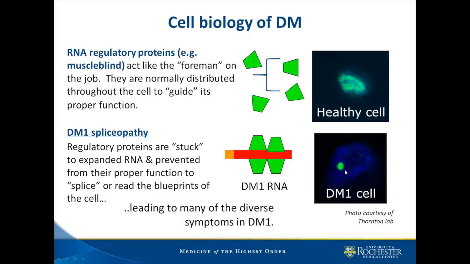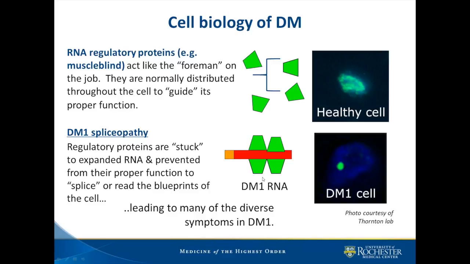Below is a similar type of cell from a patient with myotonic dystrophy type 1. All of the nuclear regulatory proteins have been taken out of the nucleoplasm and sequestered, sort of drawn into a little ball, and that little ball forms a ribonuclear inclusion that sits there and doesn't allow these nuclear regulatory proteins to be free, as they normally are, to do their action.